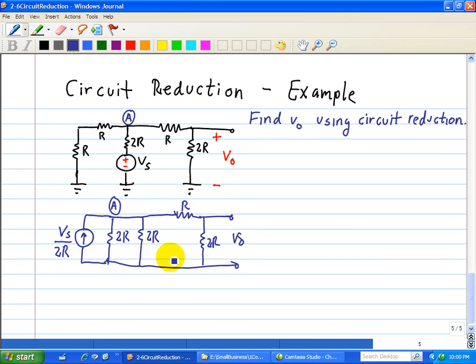And again, I'm going to try to convert this into a voltage divider since I have an input of a voltage and output, but we see here we can reduce now this. 2 R's in parallel becomes a R, since, again, 2R times 2R, the product of those two resistors divided by the sum, is equal to R.